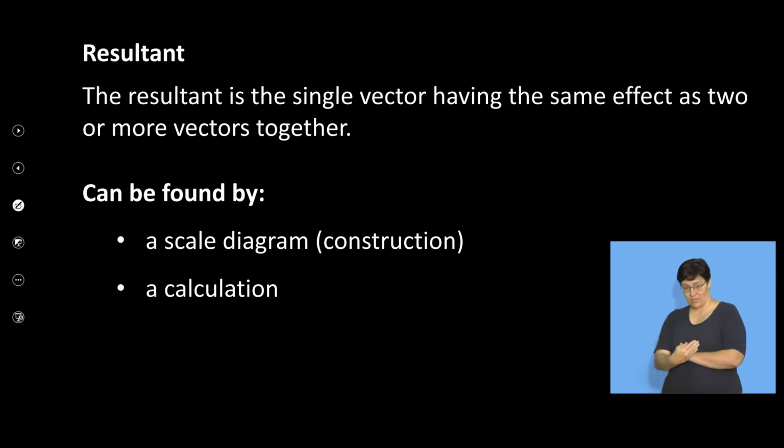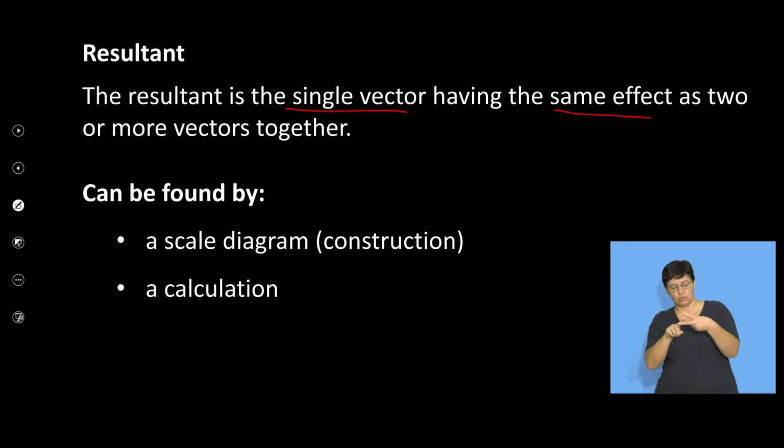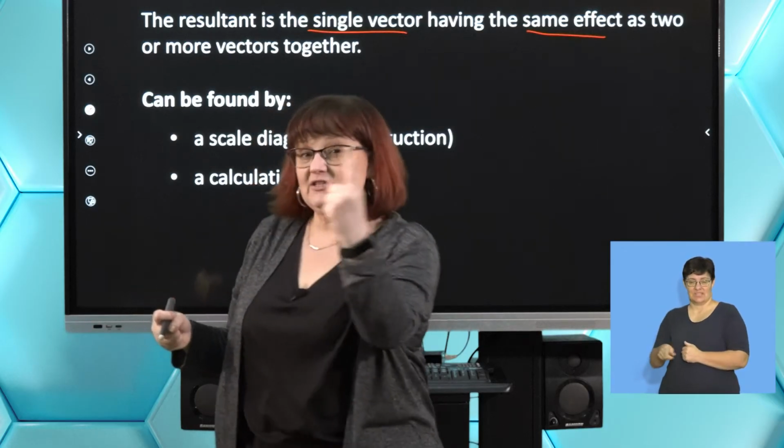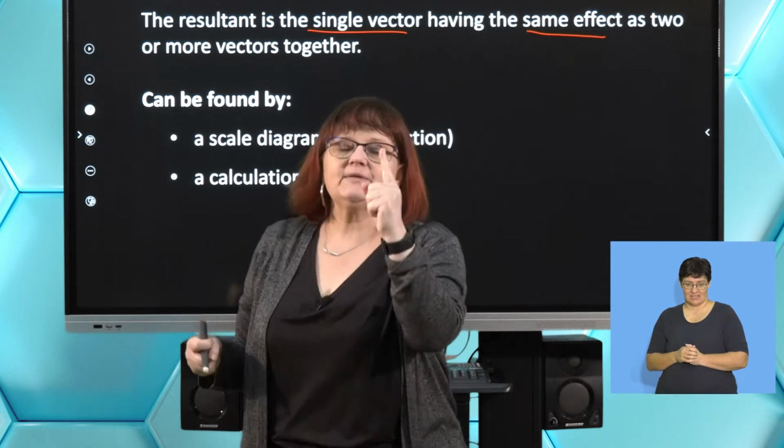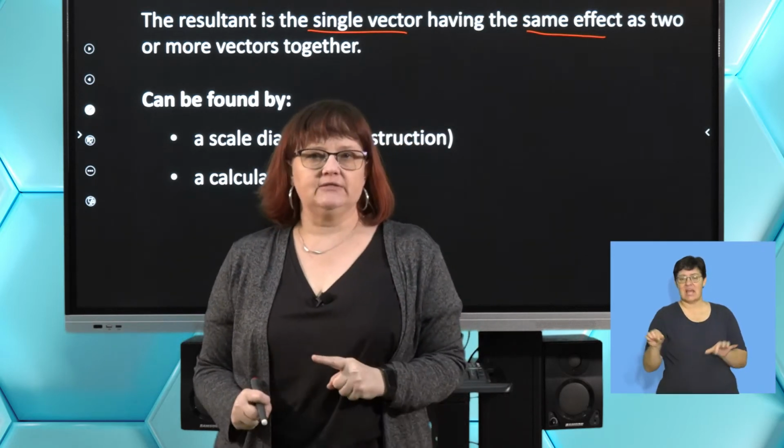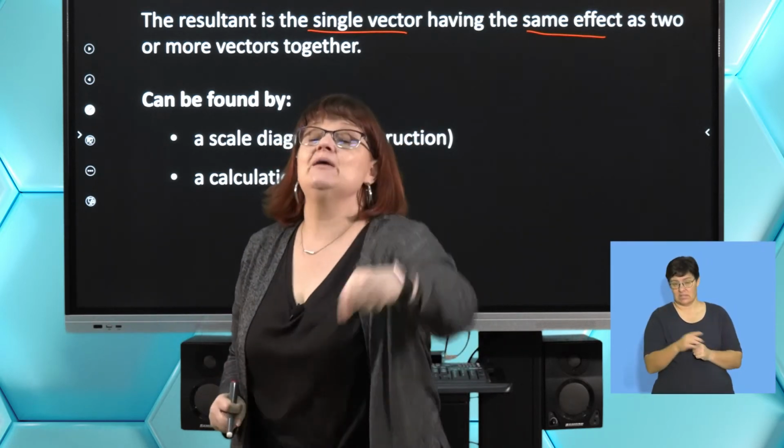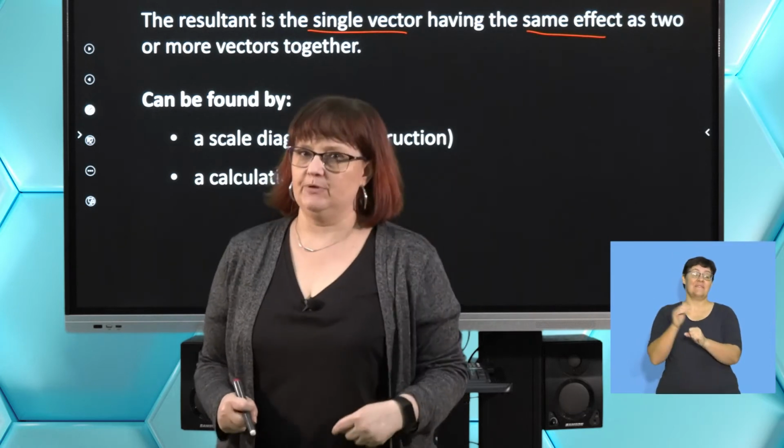Then we get the resultant. Now, the resultant is a single vector that has the same effect as 2 or more vectors together. In other words, I have 2 vectors, or 3 or 4, and I say if I took all of those away and replaced them with a single one, what must the size and direction of that vector be so that I have the same effect, the same thing happening?